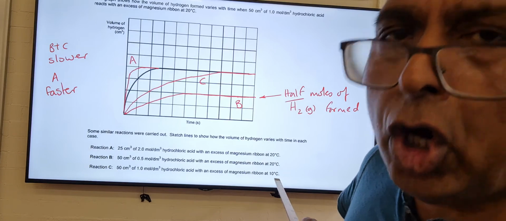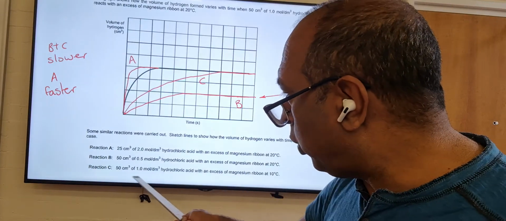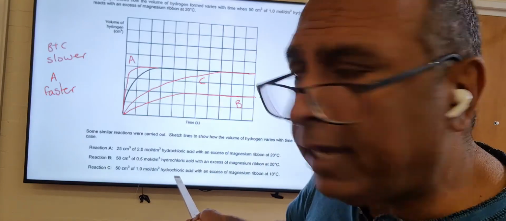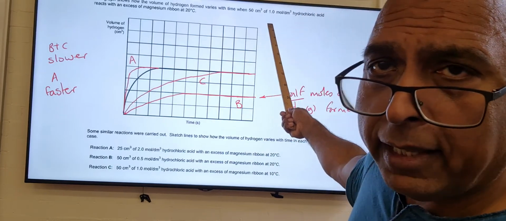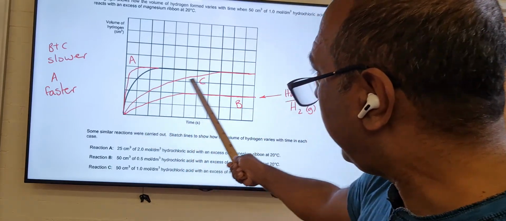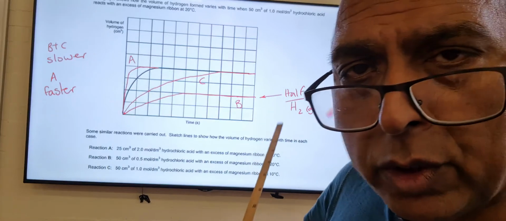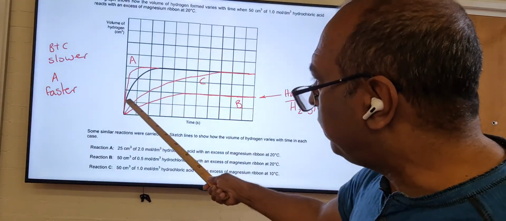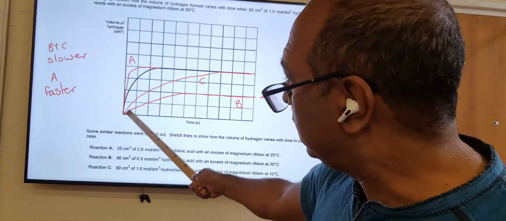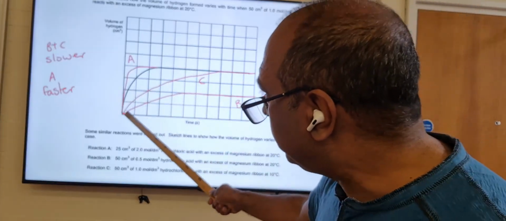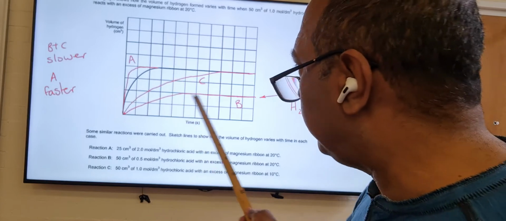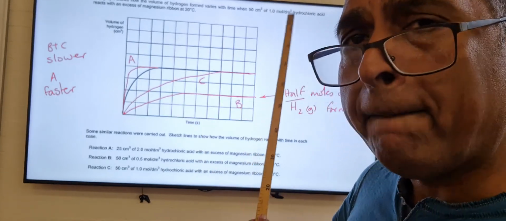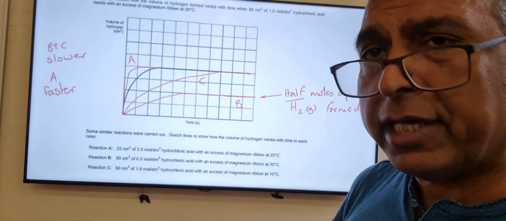Now that's a colder temperature, but the quantity of acid is the same as what you had up there. And therefore C ends at the same value because quantity of acid is the same, but it's a slower reaction and therefore is less steep. This one's less steep, slower. That one is more steep, faster. That one's half the value because you've got half the amount of acid, etc.